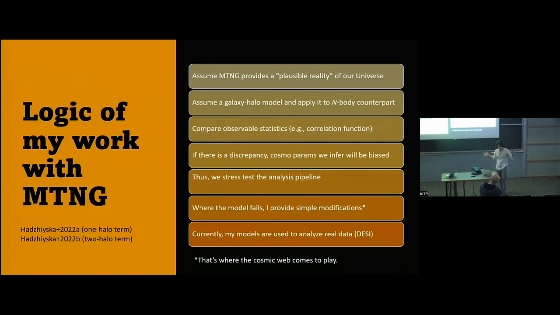And so we're going to compare observable statistics, which for the most part of these surveys would be something like correlation functions. And if we find a discrepancy, then we should be worried, because if we analyze data with these models, then we're going to find some bias on our inferred cosmological parameters.